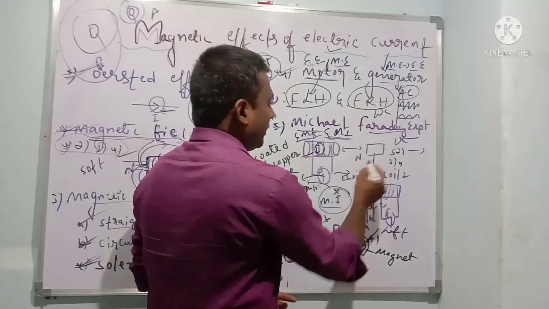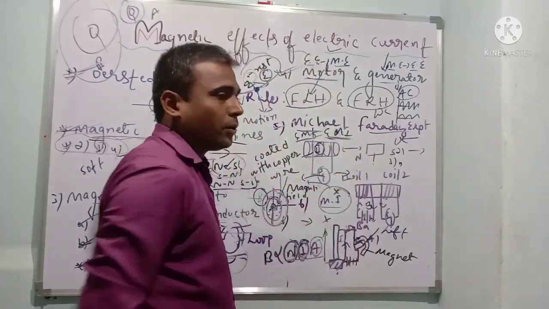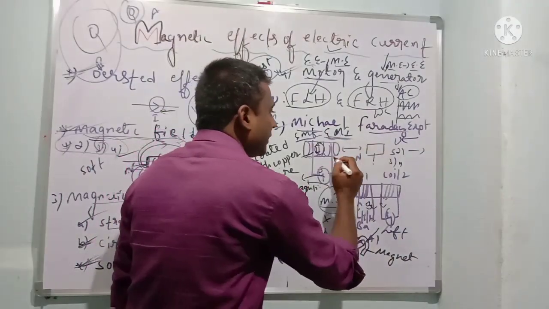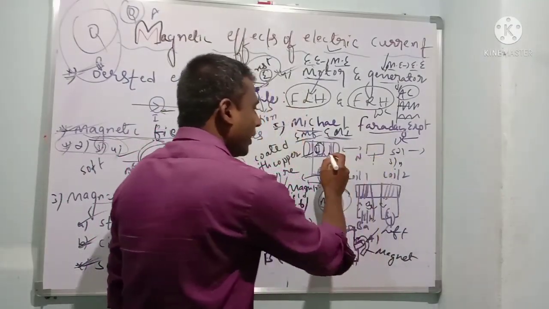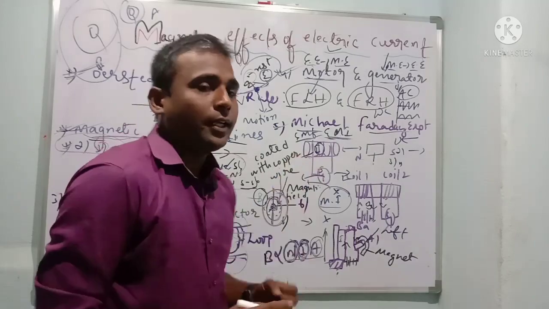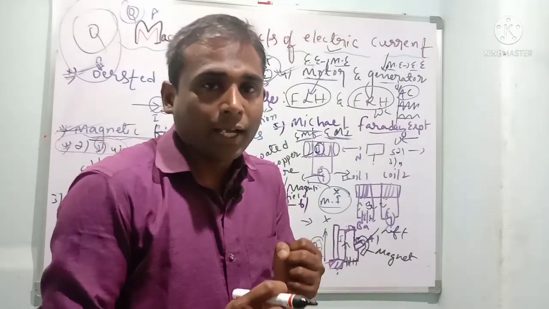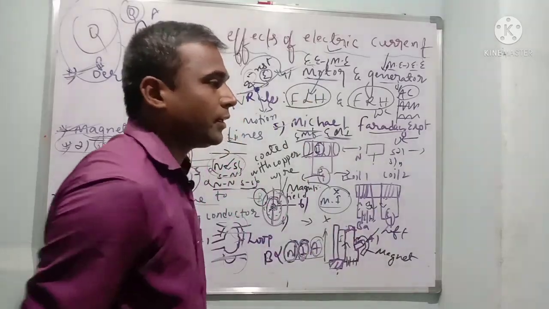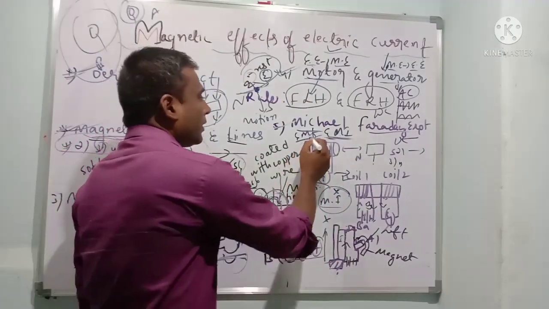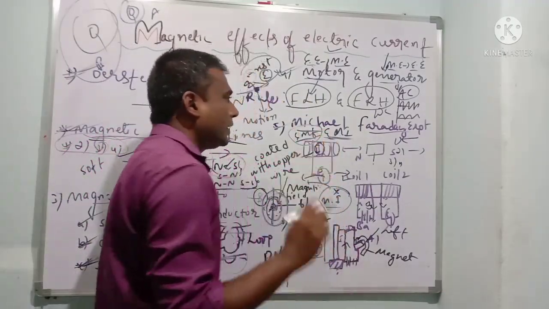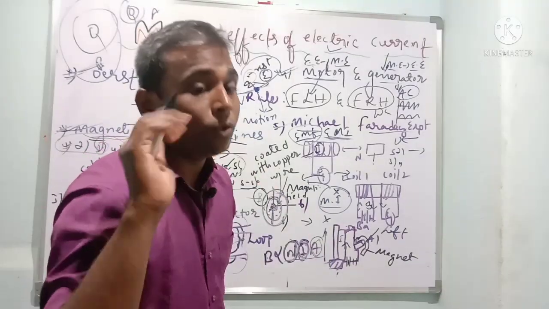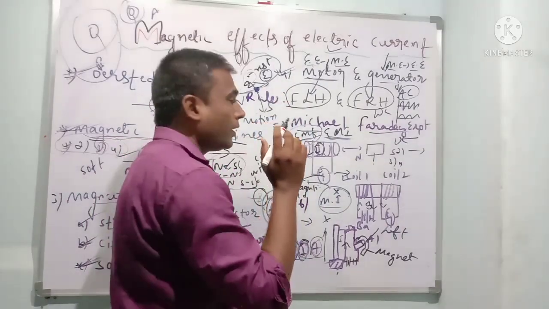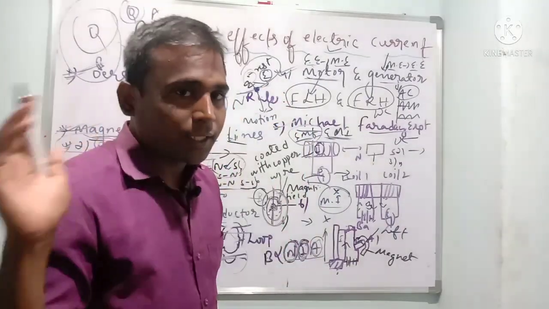Now the working. Take the magnet and push it inside the coil. There is an interaction. Then when there is an interaction between this magnet and coil, electrons start to move and produce current that is measured by the galvanometer, and this current we call EMF, that is electromotive force, or we can call it induced current.